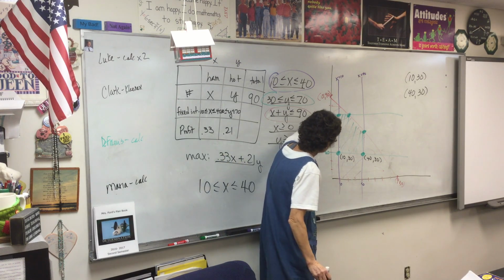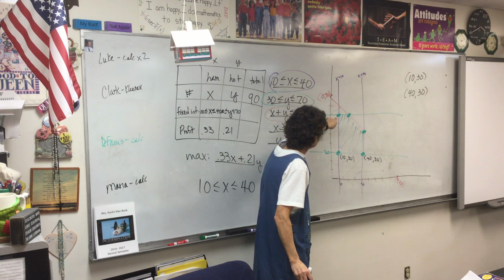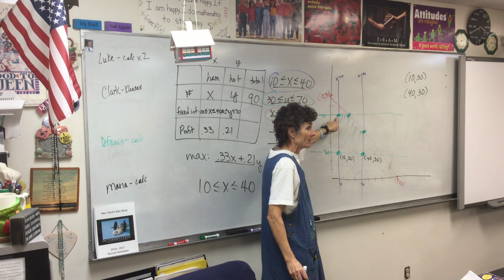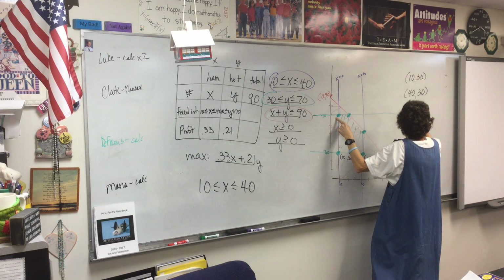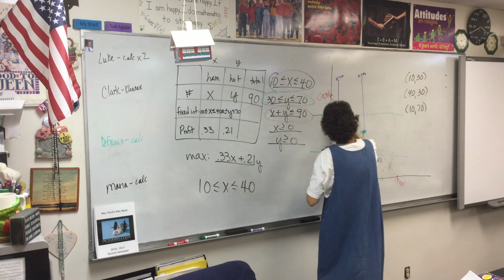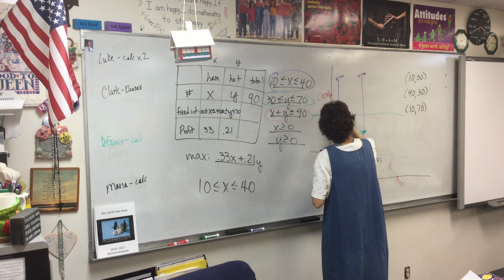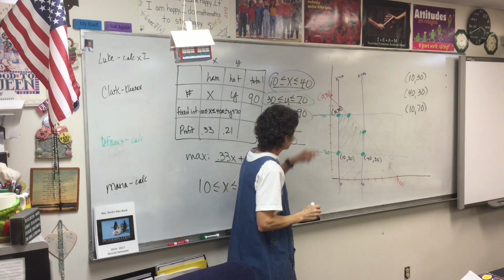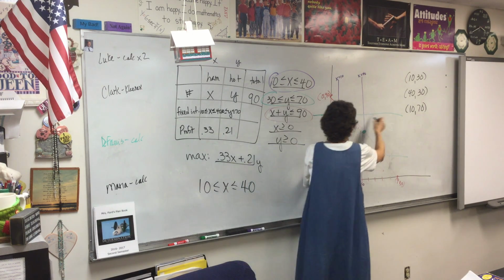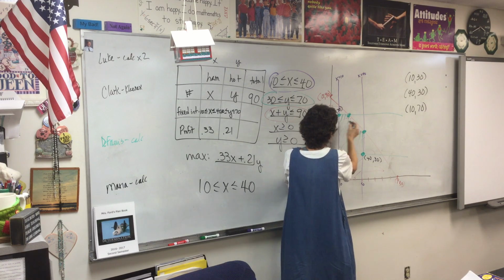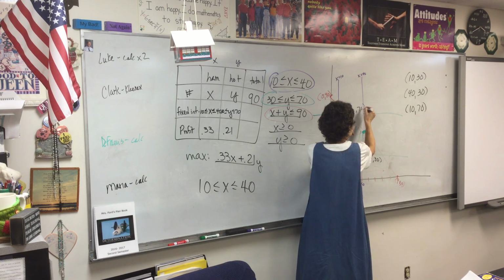What about this one right here? This is another easy one. That is 10, 70. Now, this one's a little harder, but not totally. Because what do we know about this green line? We know the y has to be 70.